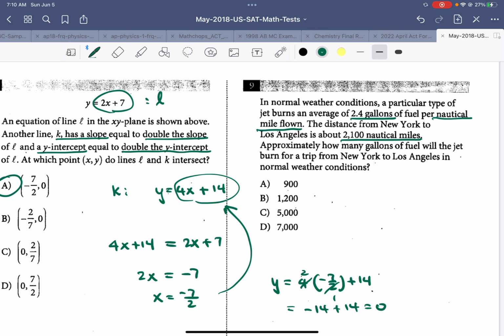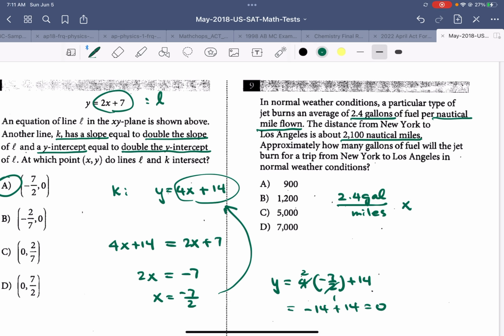Approximately how many gallons of fuel will the jet burn on a trip from New York to Los Angeles in normal weather conditions? This one you can use dimensional analysis. So let's use this way. 2.4 gallons per nautical mile. So let's say just a mile. That's the gas mileage for the jet.